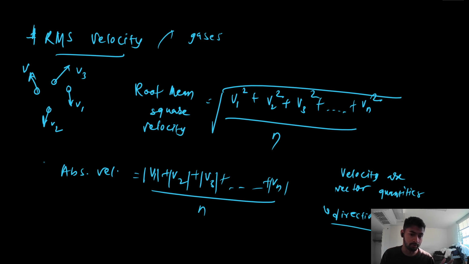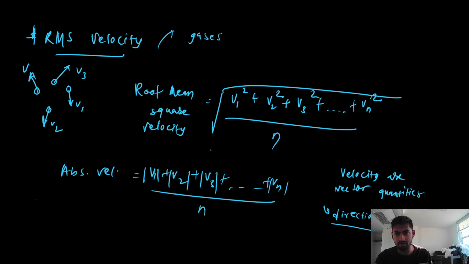Absolute velocity solves that problem, but the problem with absolute velocity is that when you try to use algebraic expressions with it, it will have pointy graphs compared to root mean squared velocity, which will have a smoother graph, so it's easier to compute and use algebraic expressions with root mean squared velocity compared to absolute velocity.